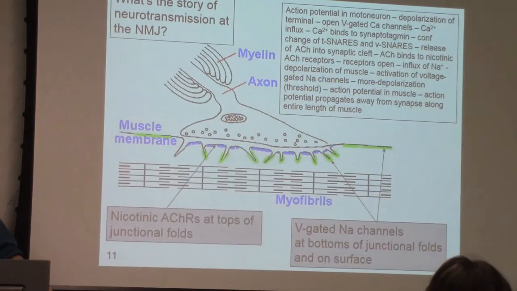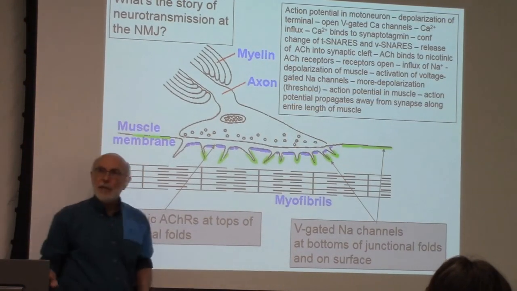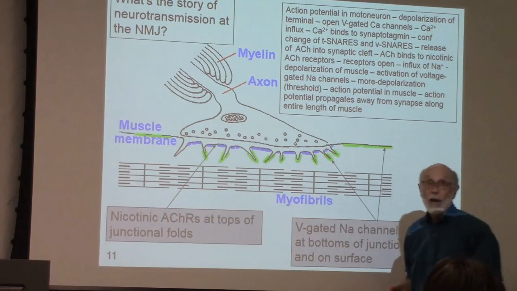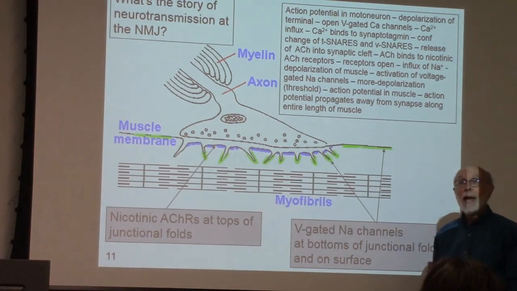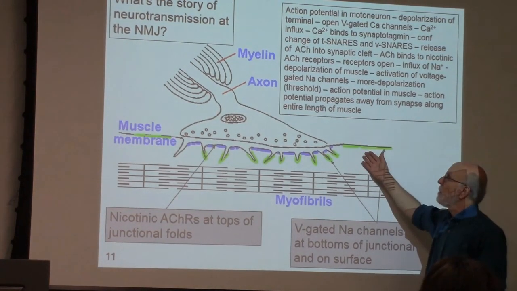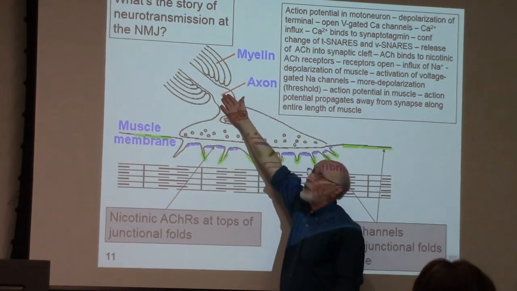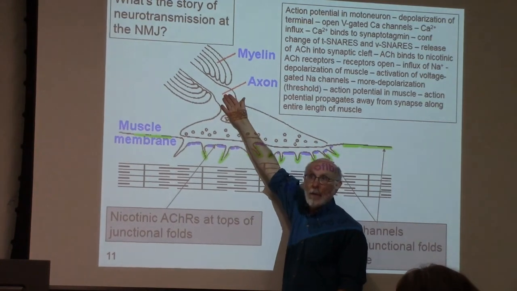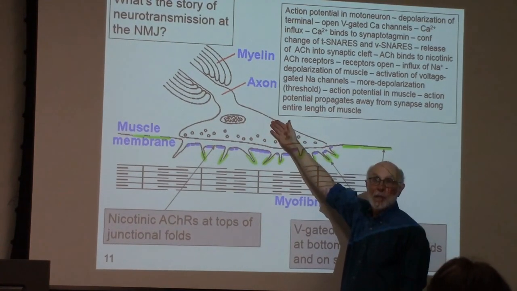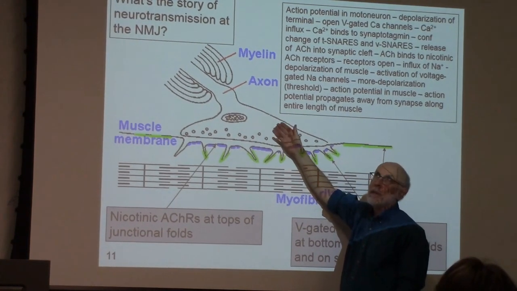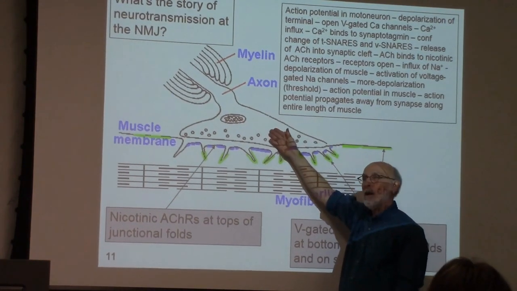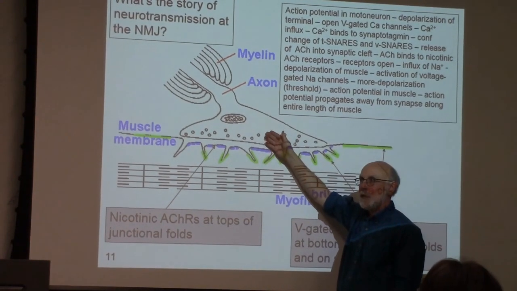So I was coy about how we get action potentials, but this is the story you could narrate for the physiology of how we get action potentials in a muscle cell. Let me give you the key words. Action potential in the motor neuron. Calcium channels. Calcium influx. Synaptotagmin. SNARE. Conformational change.